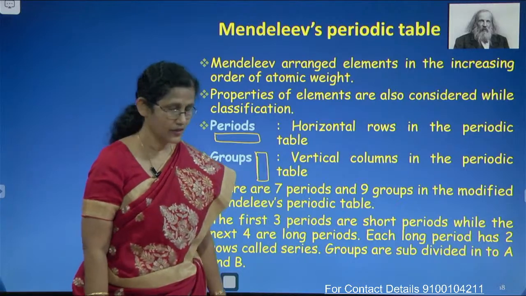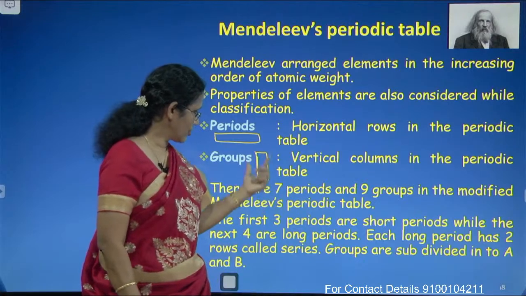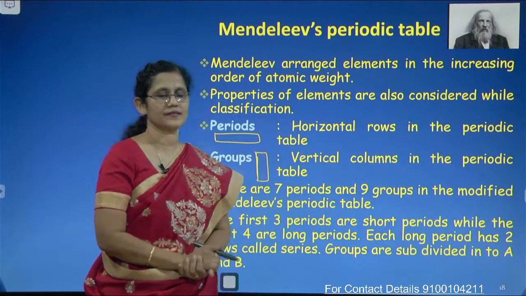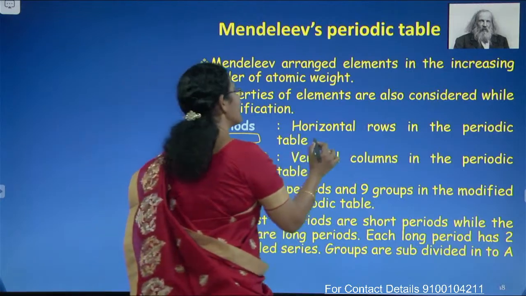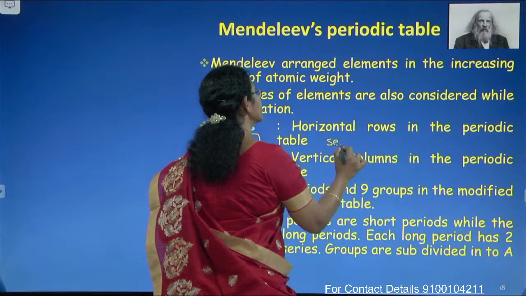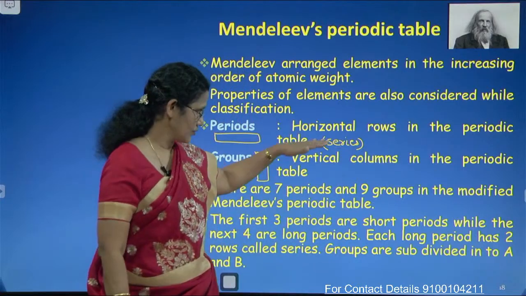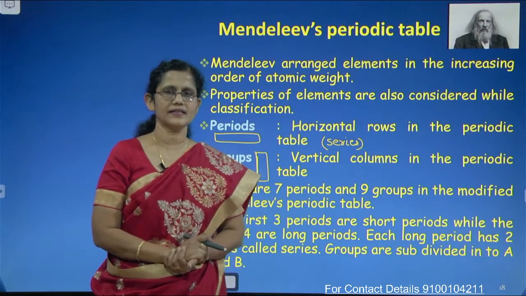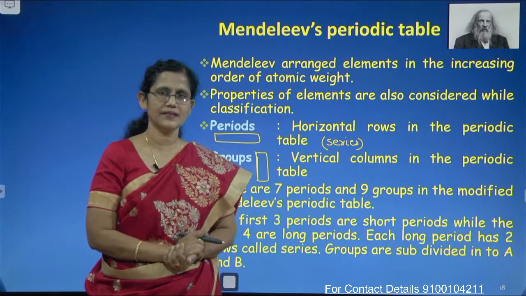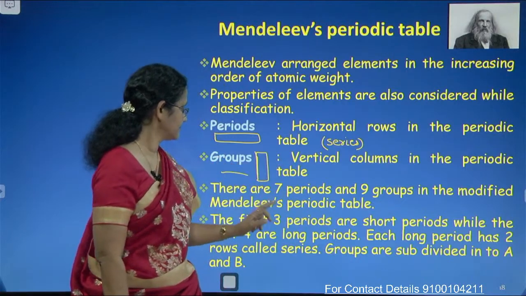Mendeleev called these horizontal rows series. Series or periods are horizontal rows, and vertical columns are called groups. How many periods and groups are there in Mendeleev's periodic table? There are altogether 7 periods.